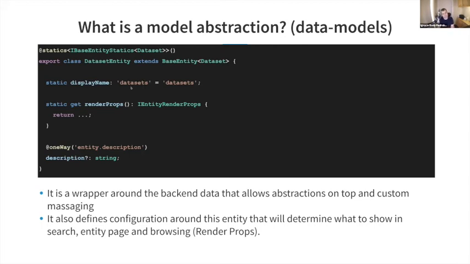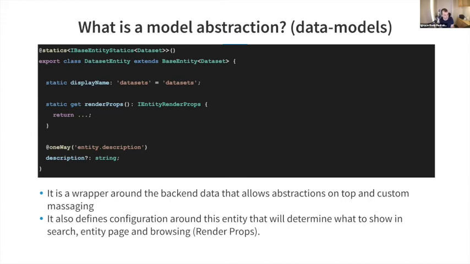So that's how we map those things, because we have this display name over here. And then we have render props, which is basically a configuration. It's a JSON that tells us how to render this entity, right?